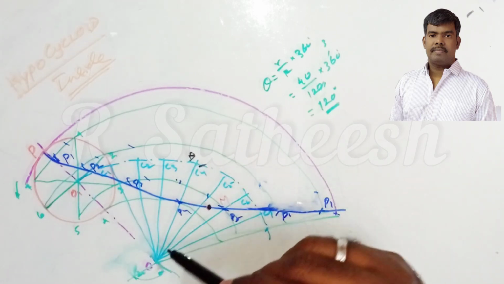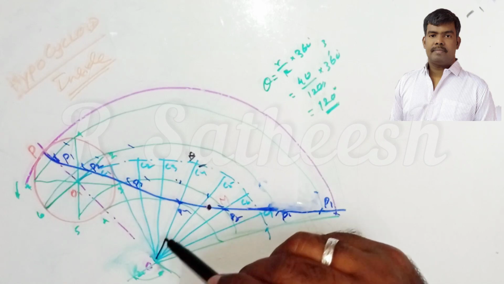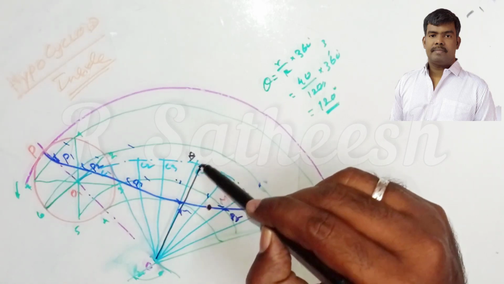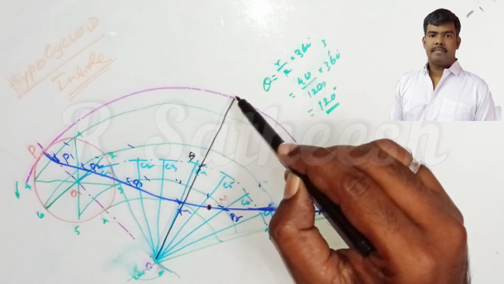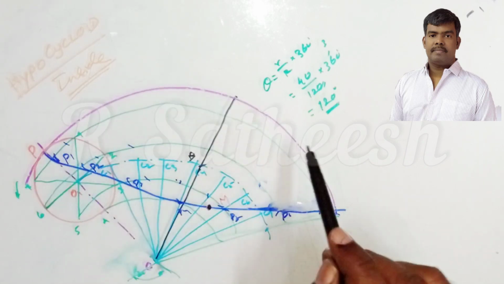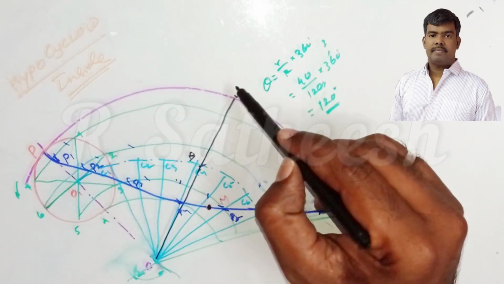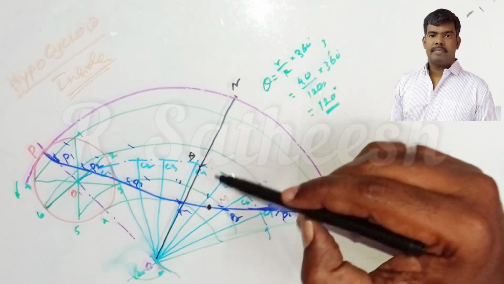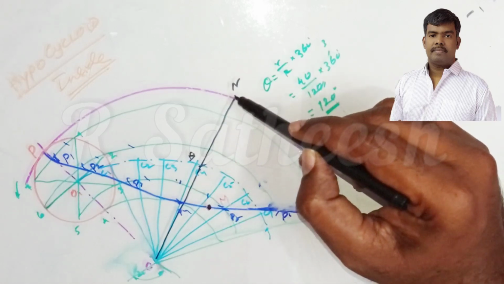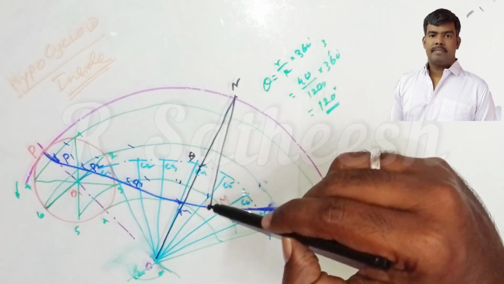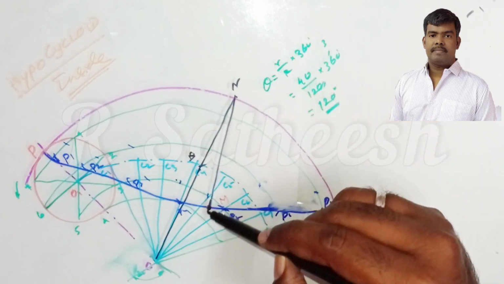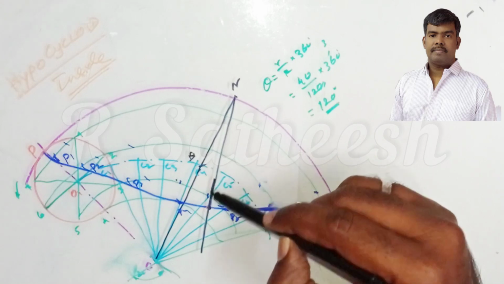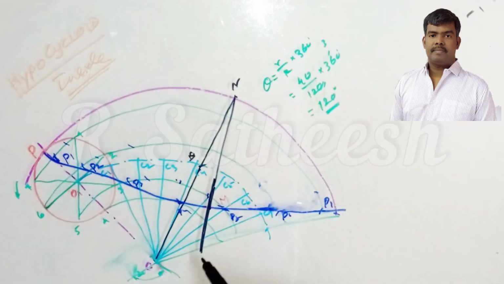Then you join O and S and extend it up to the directing circle, because the directing wheel radius is 120. Let us consider the point as N. Now join the points N and M and extend it a little bit. So this is the normal, N dash.